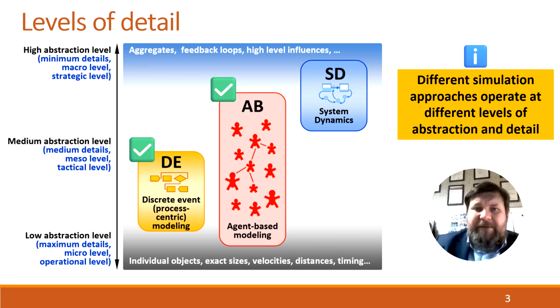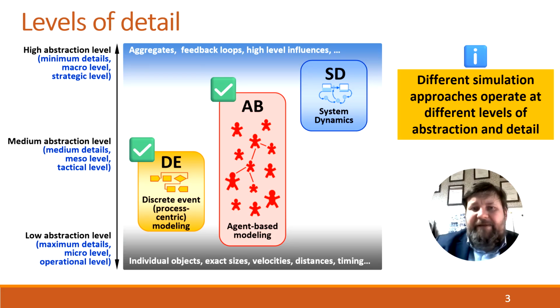The next one is the discrete-event simulation. According to the picture, we could see that it operates on the mesoscopic or tactical level of decision making. So discrete-event simulation is focused on modeling processes, queues, resources, and event-driven behavior.